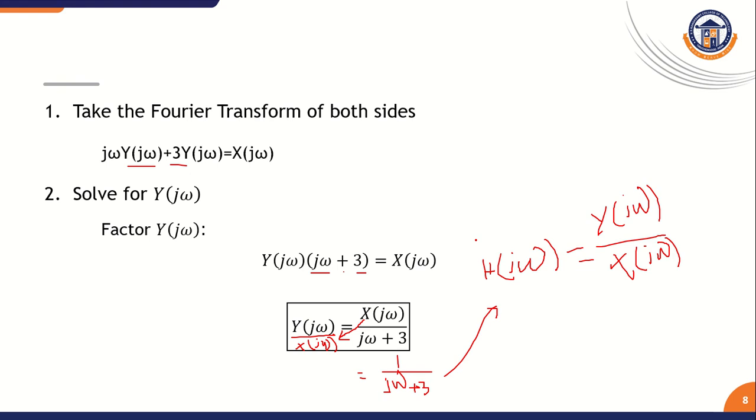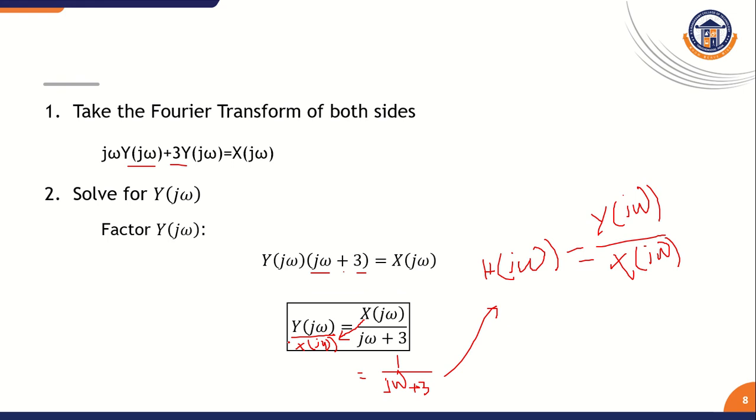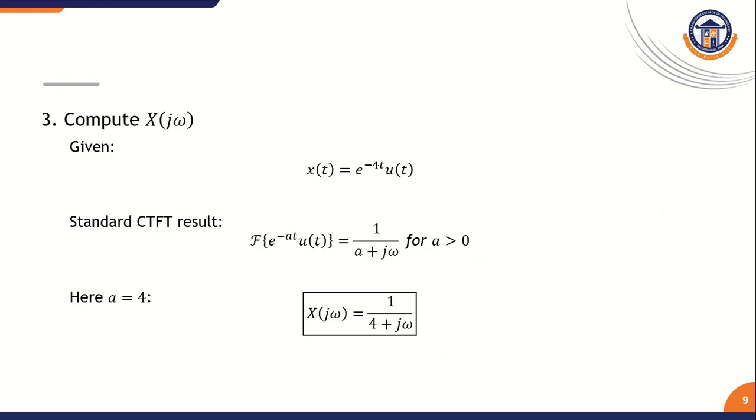After solving for the frequency response, we can find the output response. From capital Y of j omega we can find small y of t, the output response of the given system. On the left-hand side we keep capital Y of j omega, which equals capital X of j omega divided by j omega plus 3.